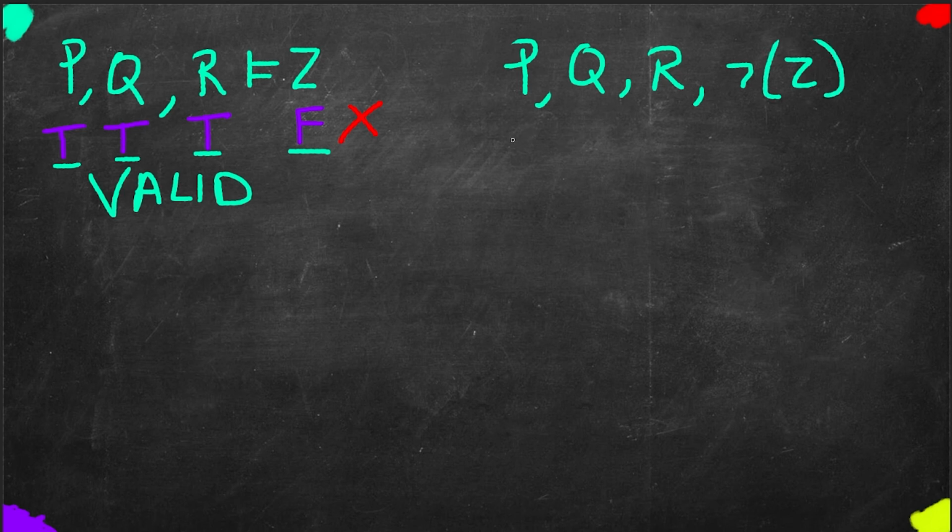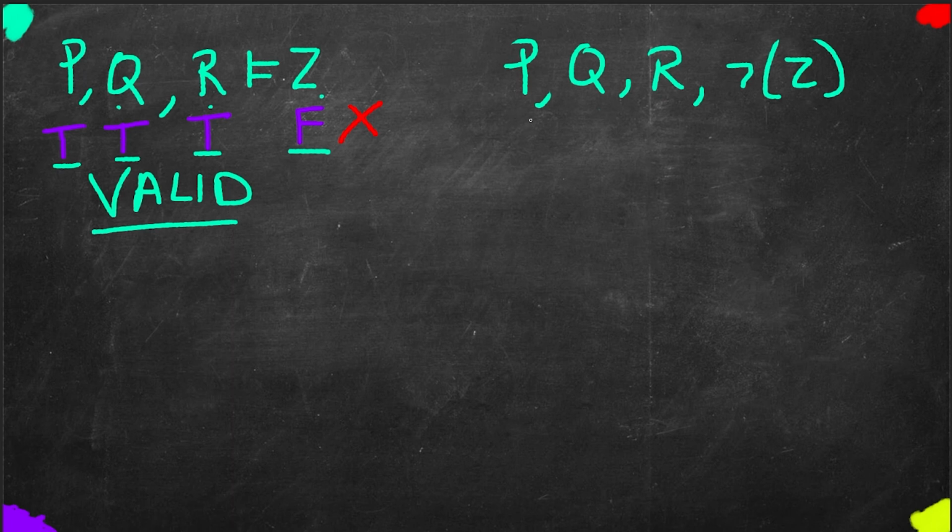That is, we can give them a truth value assignment where all of the formulas are true. And it's inconsistent if there is no truth value assignment that would make them all true. So the question is, is this set of formulas here, P, Q, R, not Z, consistent or inconsistent if we assume that P, Q, R entails Z is the case?